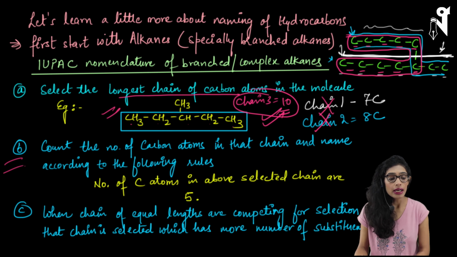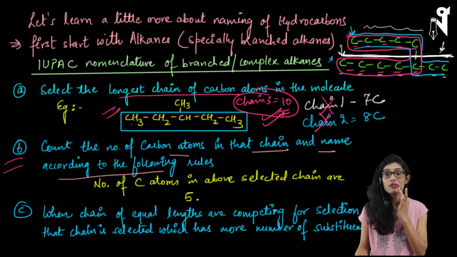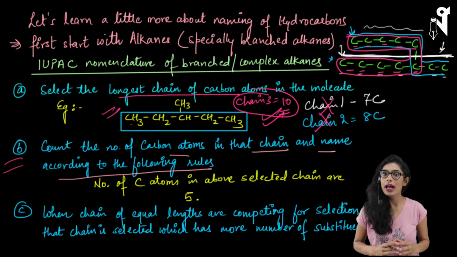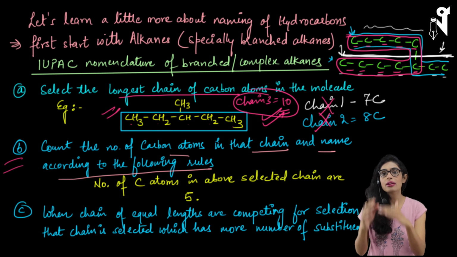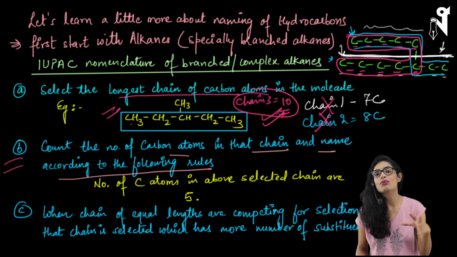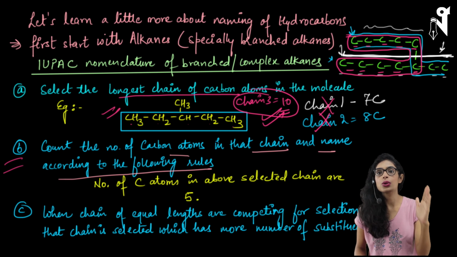The next rule is: count the number of carbon atoms in that chain and name according to the following rules. So we have not even started naming yet. We have just found out the main chain and the branch. Whatever is there in the main chain or the primary chain is the actual chain, and the remaining portion which is left out will be considered as branch. You can call it a branch, you can call it a substituent group.